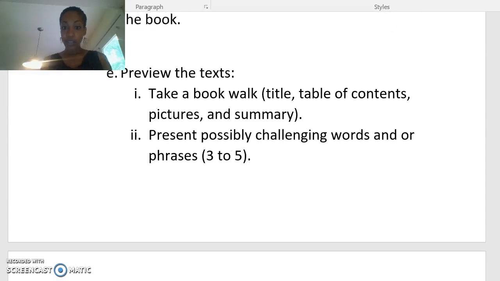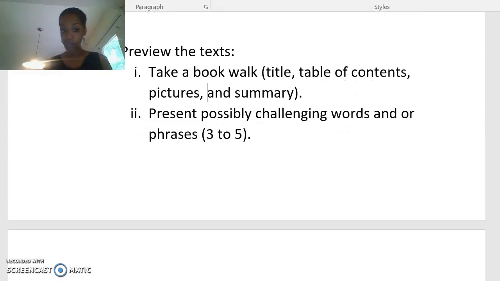The next thing you want to do before you pass out the individual student books is to present 3 to 5 possibly challenging vocabulary words that they will encounter within this particular lesson for today and today only. So these vocabulary words or challenging words may be phonetically challenging, or the meaning might be challenging for these students, for your group of students that are sitting in front of you at this time.